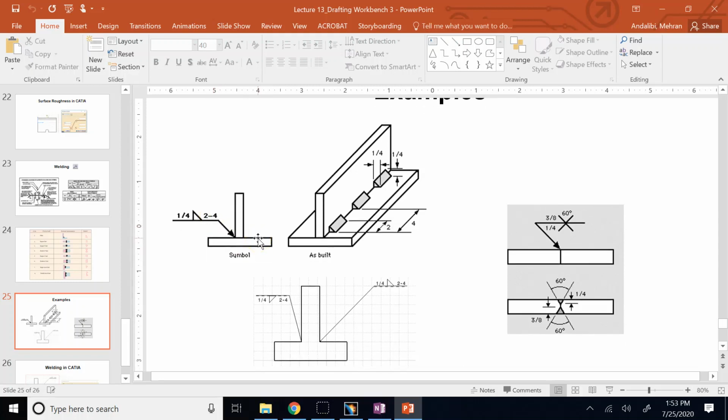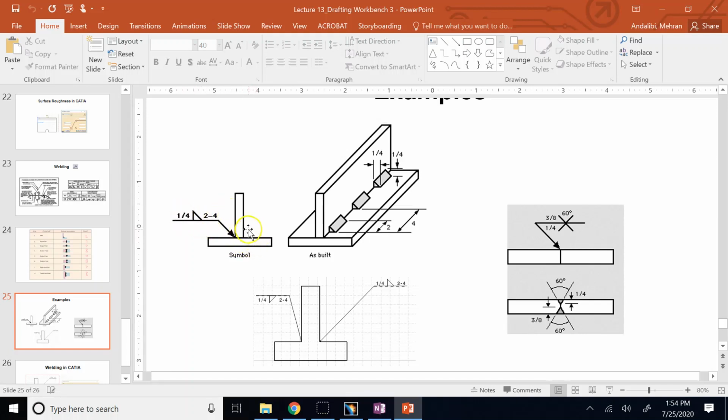And then you might have noticed in this example here that these numbers and shapes can go above the horizontal line of the leader or below. What's the difference? The difference is this. If they go above, it means the welding has to be done on the other side.